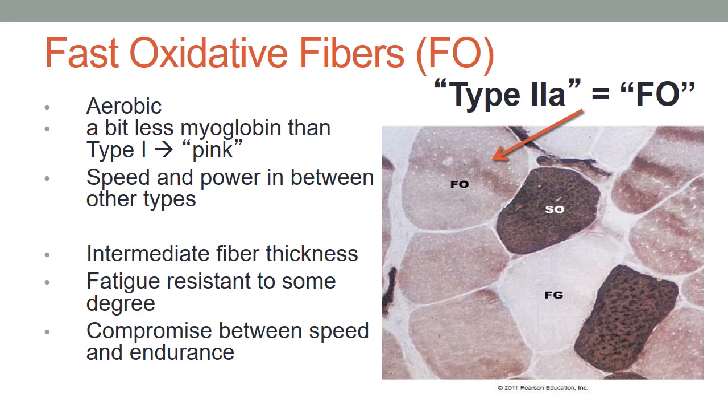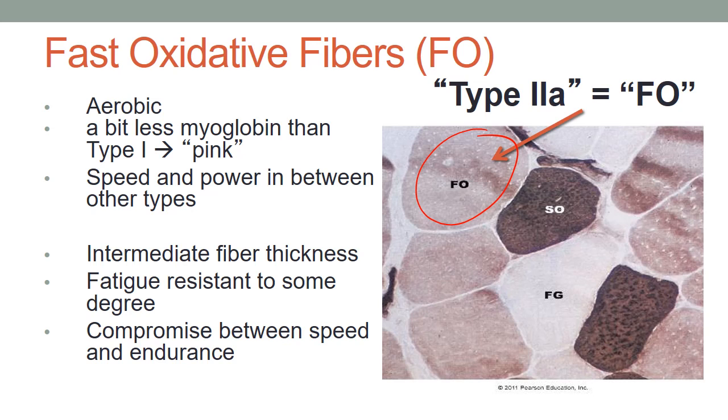How about then a fast oxidative fiber? This fiber is a little bit bigger than the slow oxidative. It's more pink instead of red or brown, so it's a bit less myoglobin than your SO or type 1 fiber, and it's got more speed and more power than an SO, but not quite as much speed and power as the next type that we're going to look at.